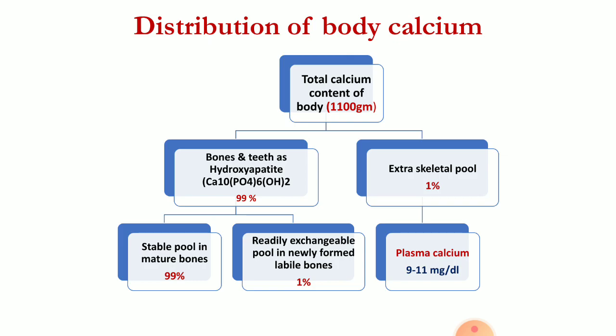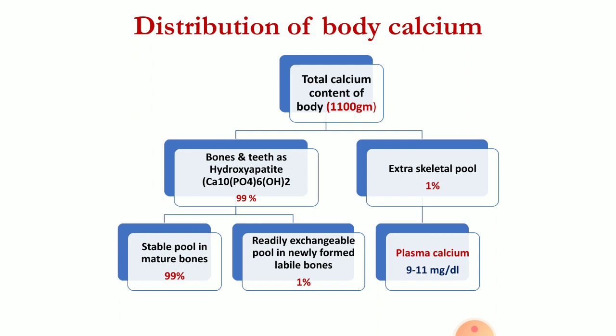At first, let's have a look at how the body calcium is distributed in different pools. In our body, there is almost 1100 grams of calcium in total. Amongst this huge amount, 99% of calcium is stored in bones and teeth as hydroxyapatite crystals.